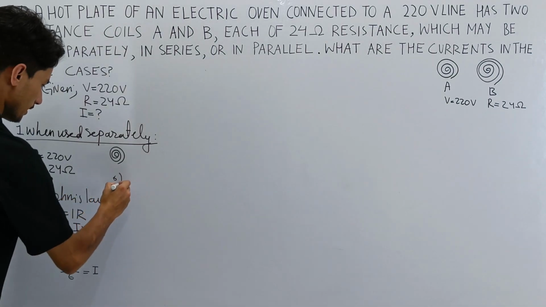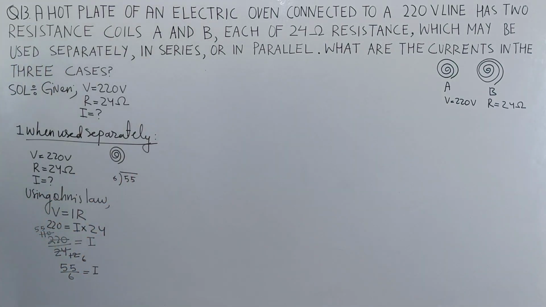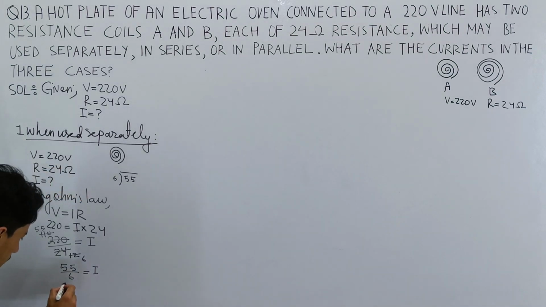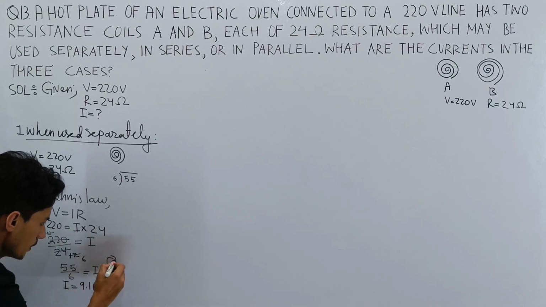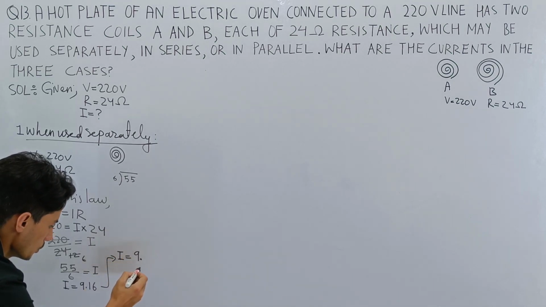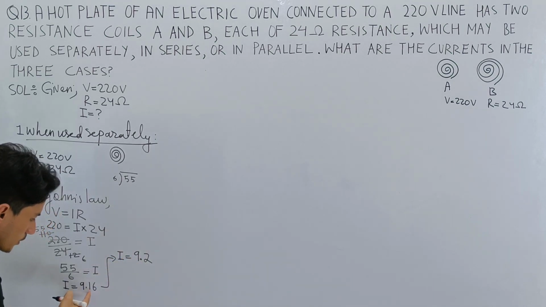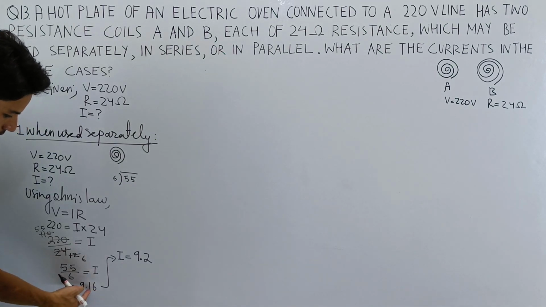On dividing 55 by 6, what do we get? We get 9.16. So the answer is I is equal to 9.16, which can also be written as I is equal to 9.2. We are rounding off, since 6 being greater than 5 helps in rounding off 1.